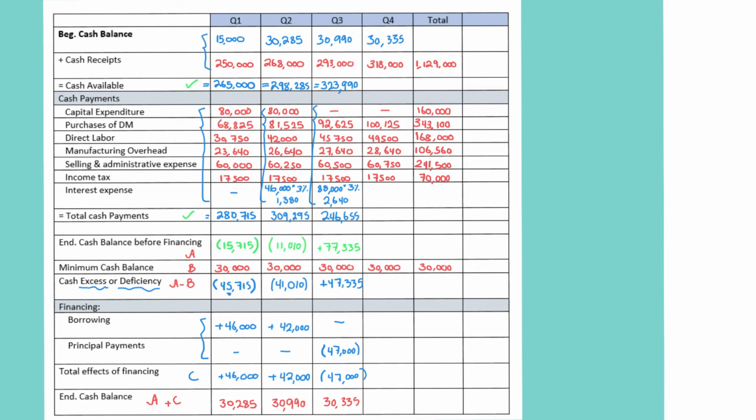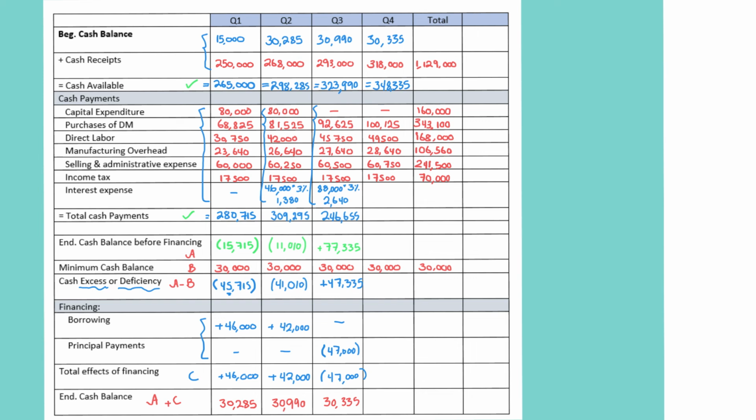Okay, this is the ending for quarter 3, so it's gonna be beginning for quarter 4, 30,335. Okay, now I needed to add this number to the cash receipts to get the cash available. So it's gonna be 348,335. Okay. Now the interest, I need to pay interest. Now my total borrowings here was 46 and 42, so 88, and I paid 47, so what's left?